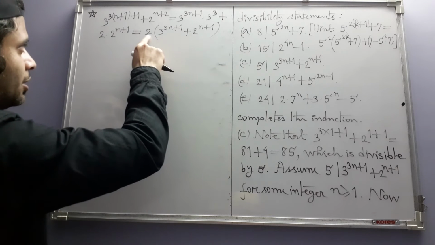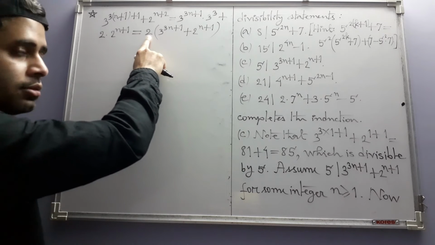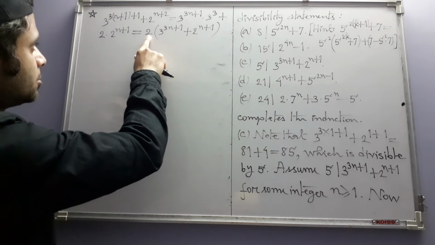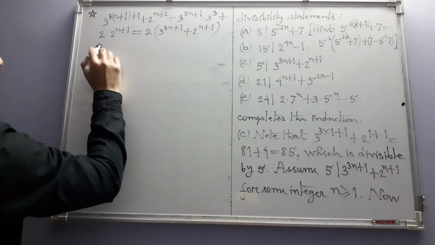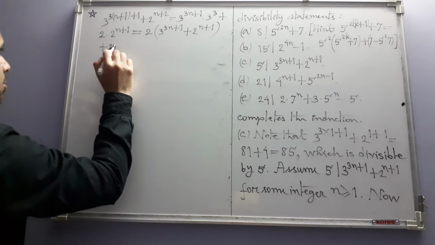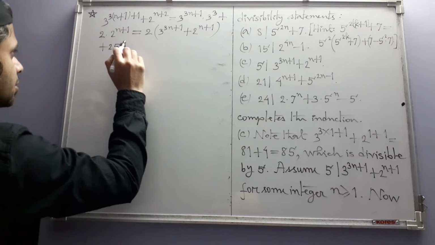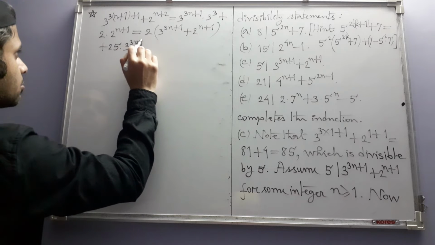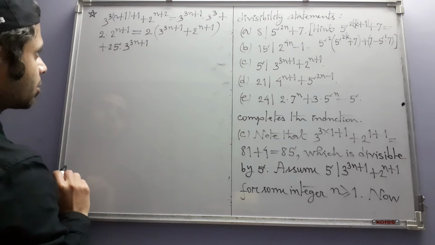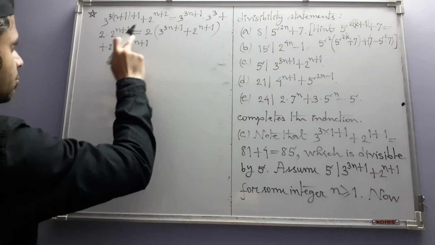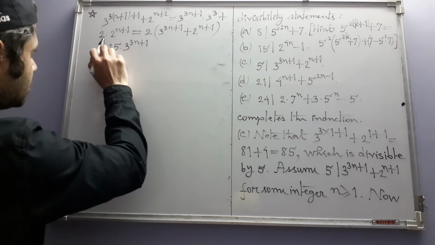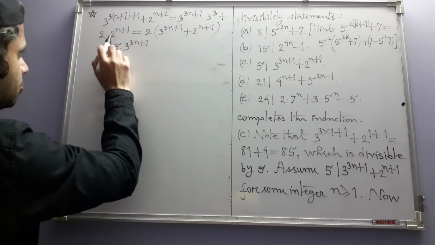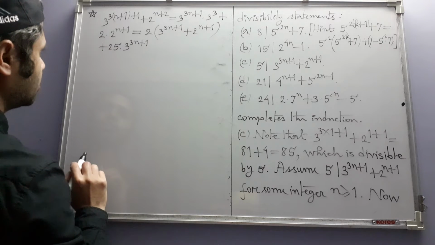From among them we have taken only 2. So that means 25 are remaining. So plus 25 times 3 to the power 3n plus 1, because 25 plus 2 is 27 and this is 27, and here we originally had 2, so that we have taken common.